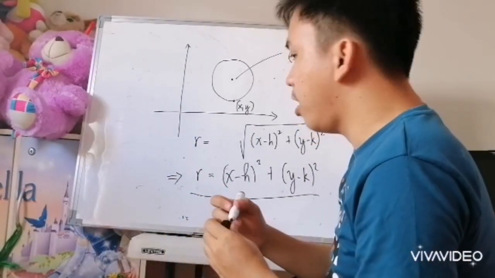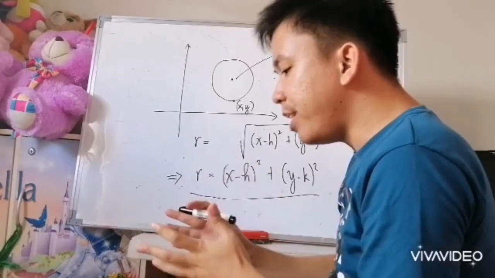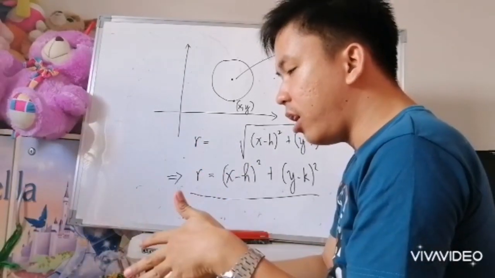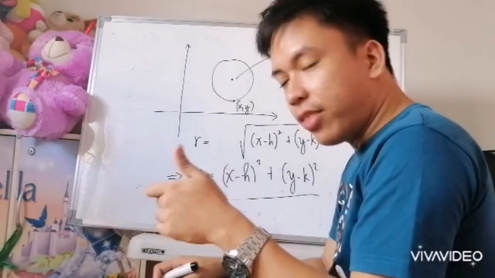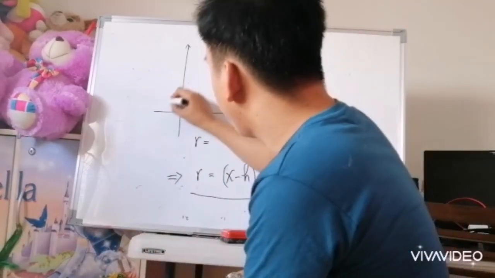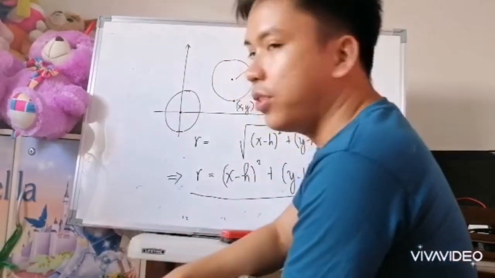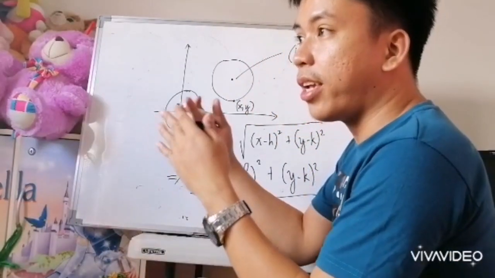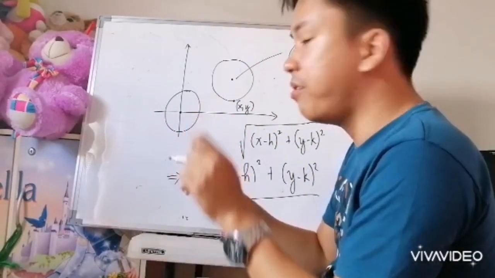Let's say, for example, what happens when the circle has a center at the origin? Let's say this is a circle and the center here is the origin. Simply, our (h, k) is equivalent to the point (0, 0).